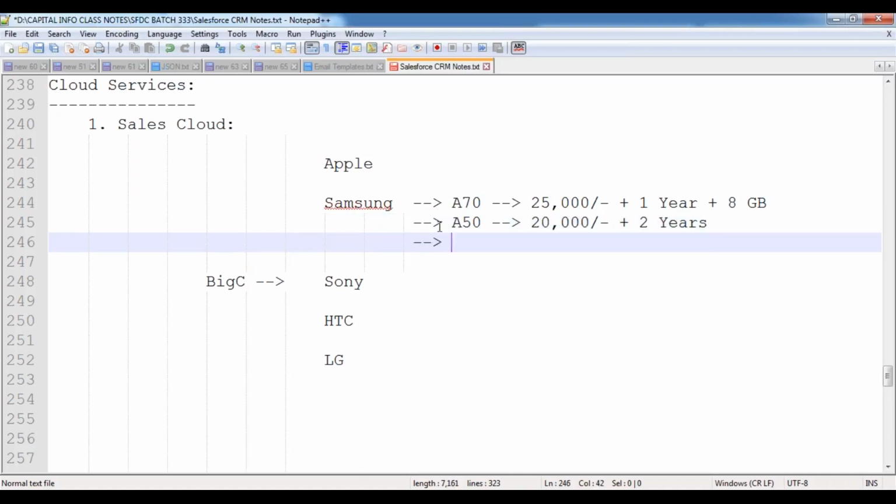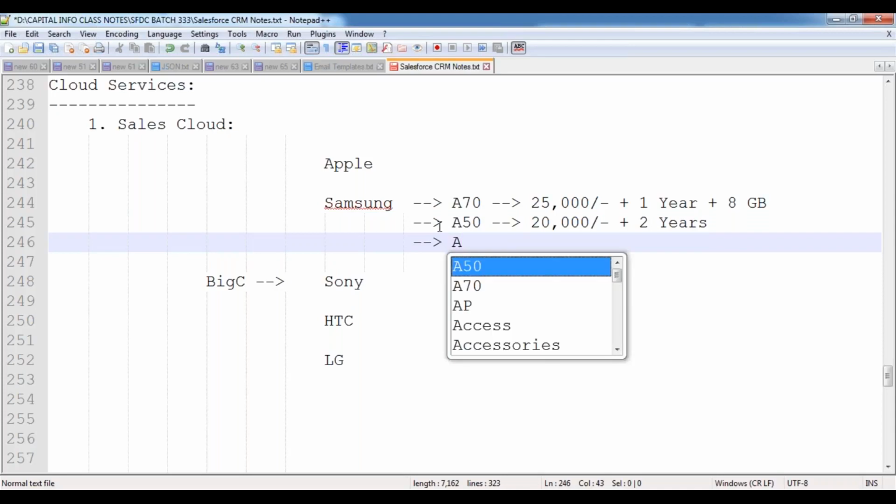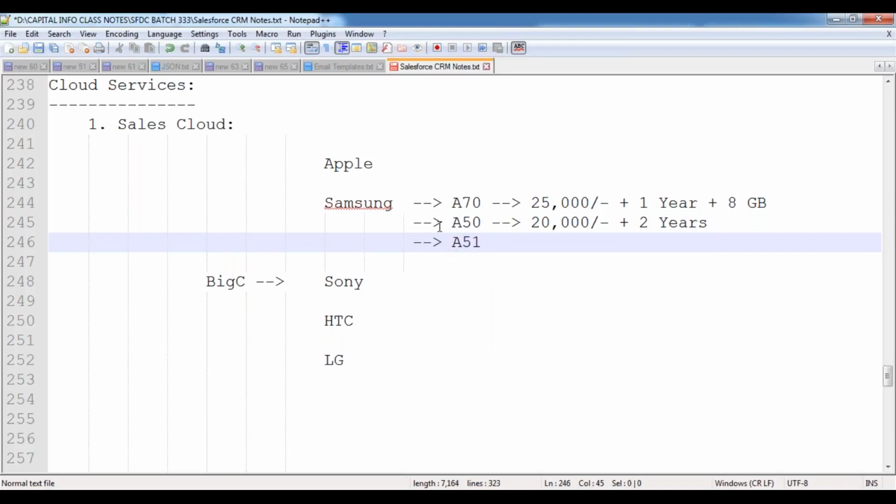And for the A51 model, they charge some 20,000 to 25,000 rupees as the mobile cost, along with 2 years of free insurance service, and then a flip cover for that mobile.